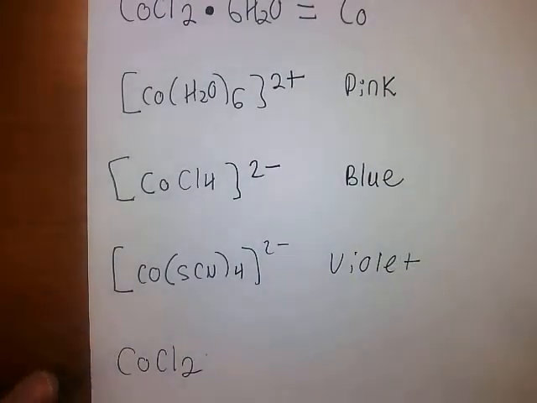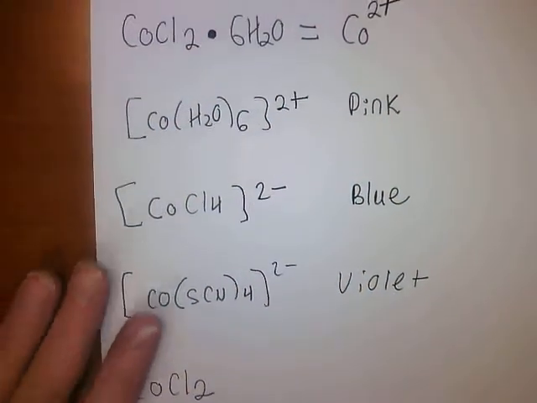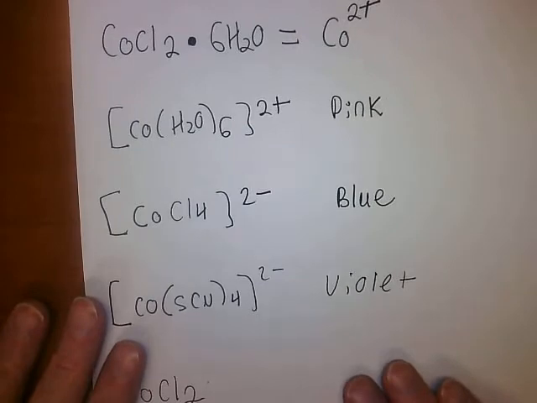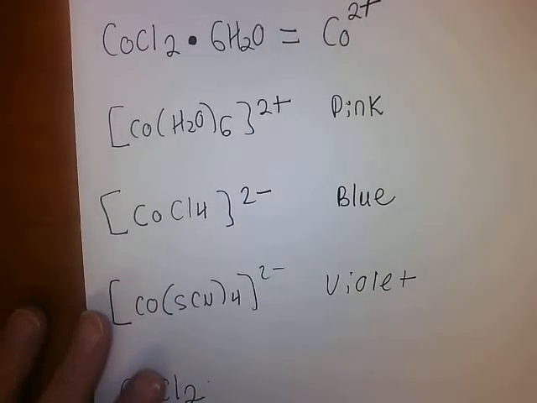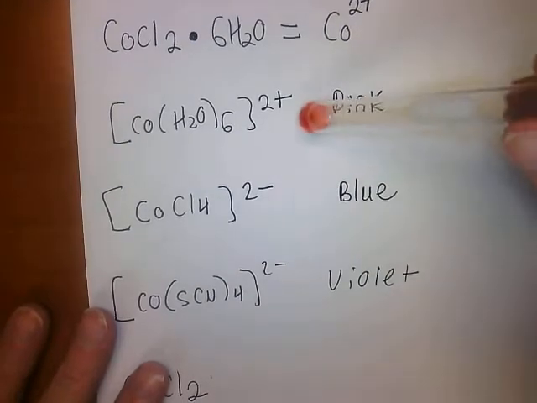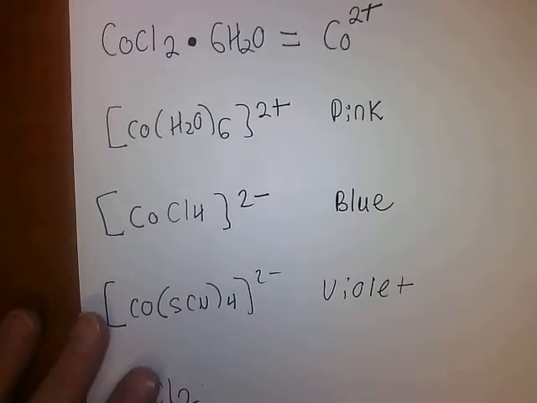Now I should add that basically you can interconvert between these. In other words, the metal will grab a hold of whatever is present in solution in excess. When we dissolved it up in water, we got the pink ion, the hexaaquo.